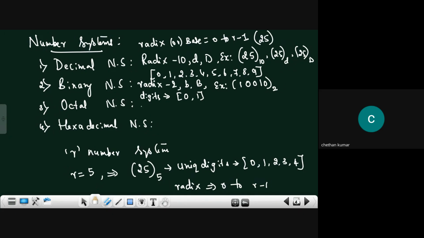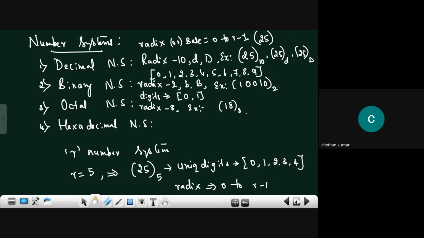If I talk about the octal number system, what is the radix? 8. How do we represent an octal number? Is this the correct way to represent it? Suppose I am writing like this. Is it an octal number?